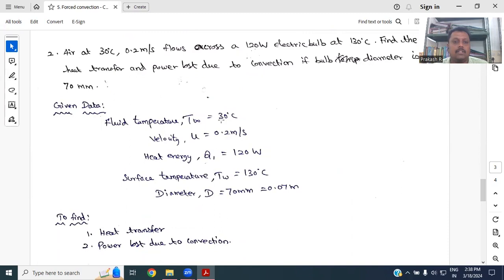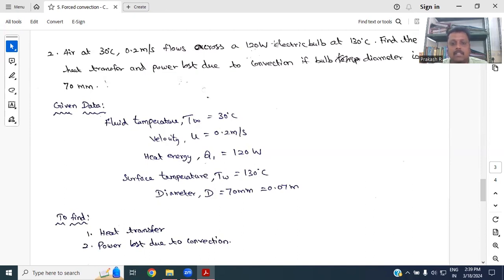T infinity is equal to 30. 0.2 meter per second means velocity. If the velocity is given, then the problem comes under forced convection. We identify that. Therefore, velocity is equal to 0.2 meter per second across the electrical bulb of 120 watts. That is the energy generated by lighting an electrical bulb is 120 watts. Therefore, Q1 is equal to 120 watts at a temperature of 130 degrees Celsius.